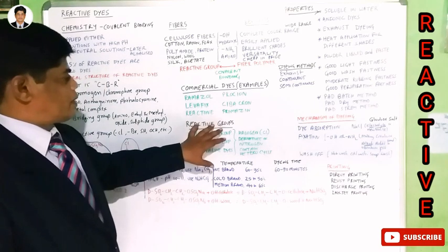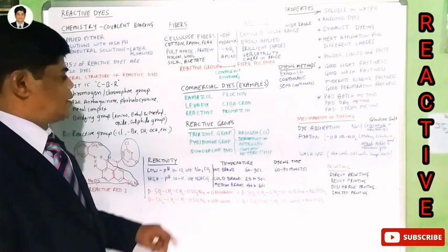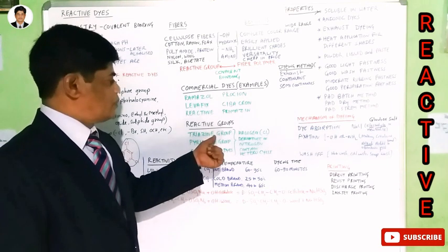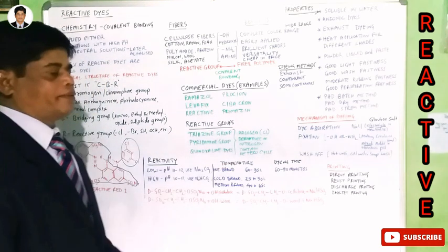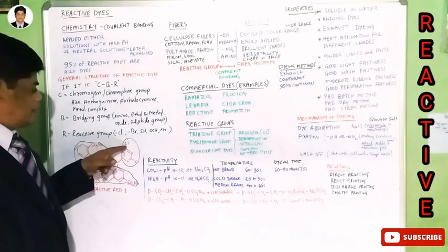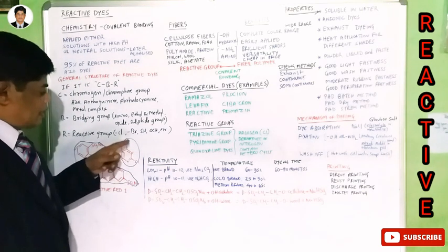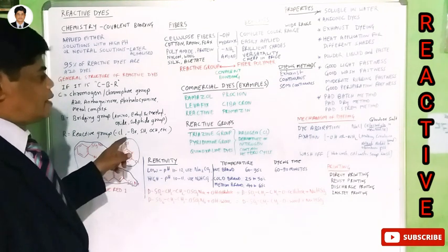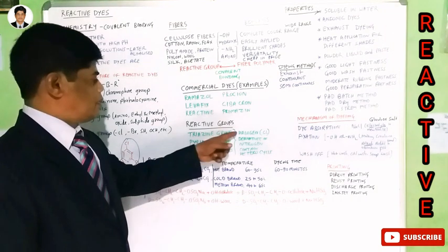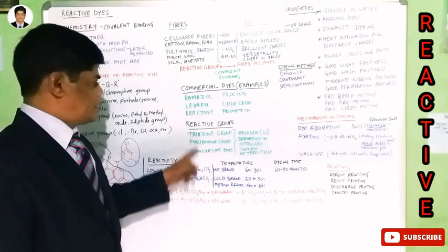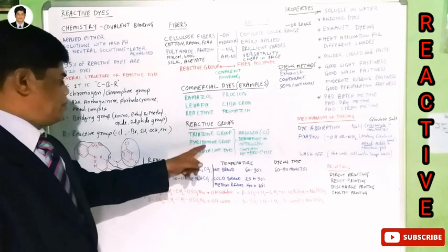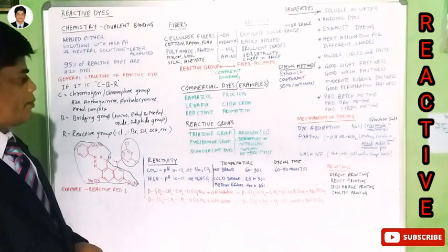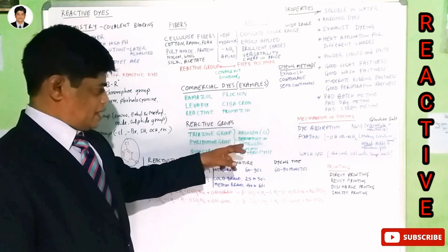Okay, these are all halogen types, the halogen part. Whatever structures are there, whatever reactive dyes are having Cl, chlorine, that is halogen, those are having these types of groups: triazine group, pyrimidine group, and also derivatives.